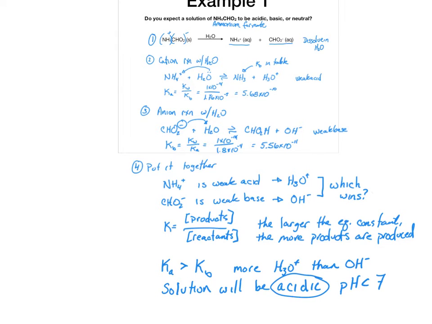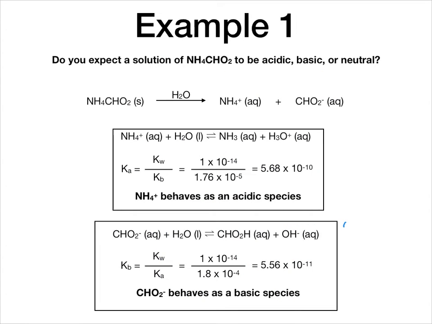Okay, so on the next pages, I have this typed out neatly, so you don't have to try to read my handwriting. And I'm going to walk back over this and summarize this process again. So what I did was in my first step, I dissolved the salt into water and found the ions. In the second step, I looked at how the cation reacted with water, and I found that it is an acidic species with a Ka value.